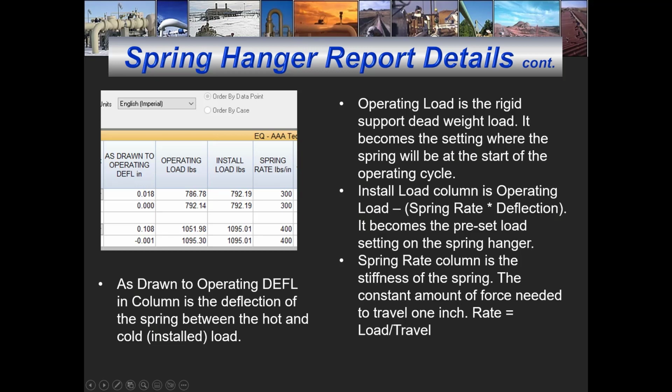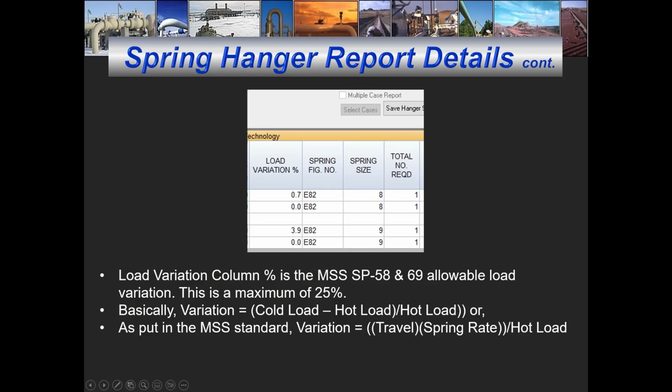The spring rate column is the stiffness of the spring, the constant amount of force needed to travel 1 inch, which is equivalent to rate equals load divided by travel. The load variation column is the MSS SP-58 and 69 allowable load variation.